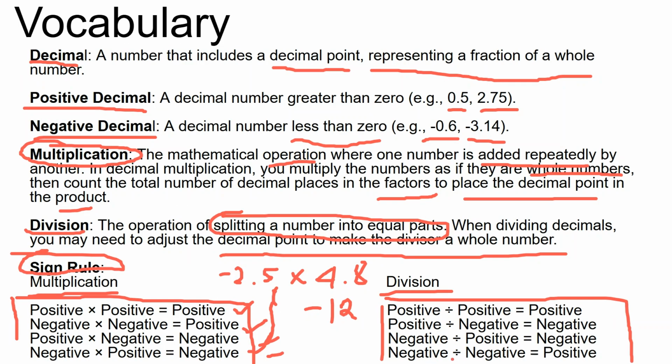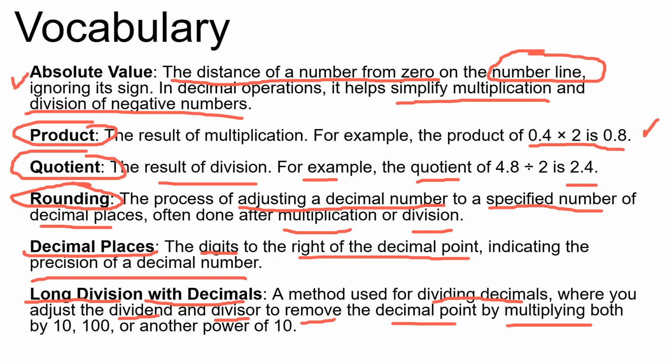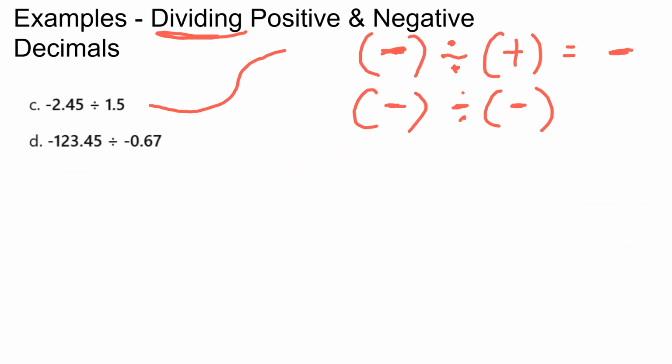Negative divided by negative is positive. That's division. Okay, it's positive. Okay, all right, so we move on. Let's try to erase this one now. Let's remember the signs. Negative divided by positive is negative.